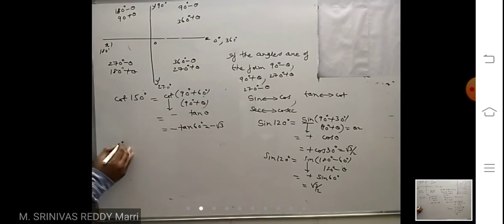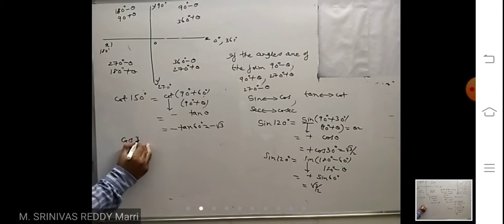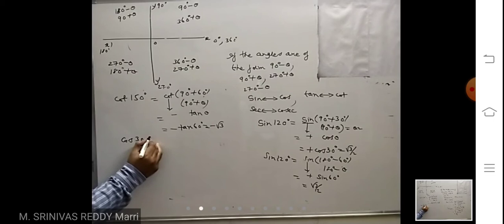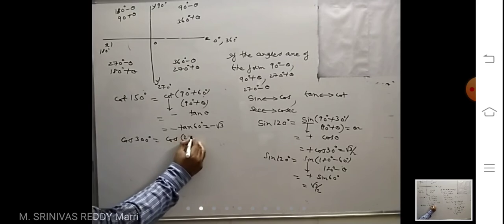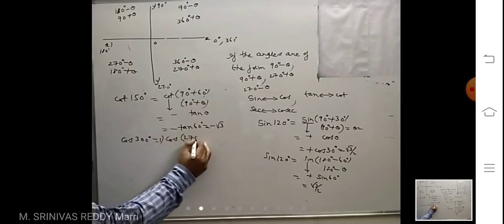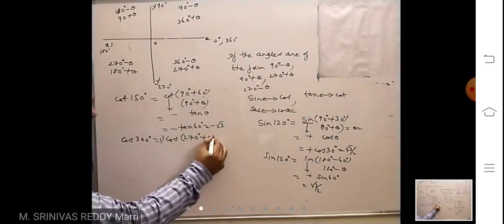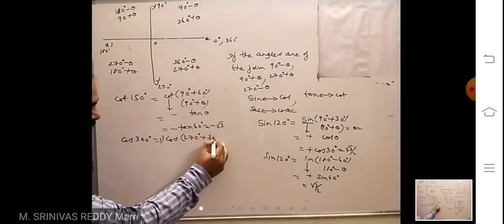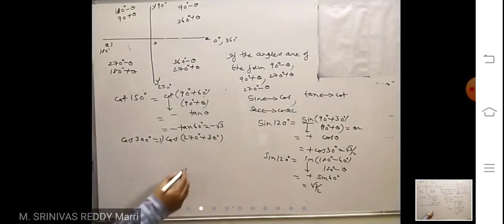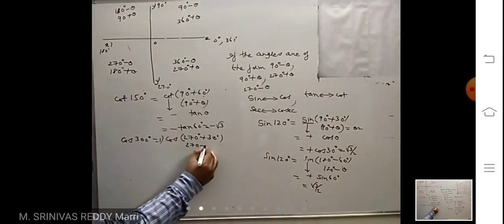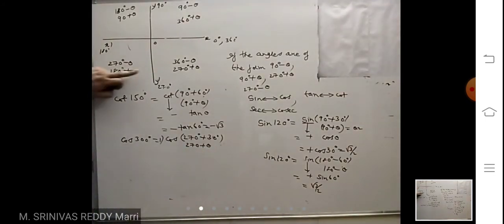Suppose let us say another example. Cos, let us say 300 degree. Cos 300 degree, 30 is the table value. That means if I write like this, first method, 270 degree plus 30 I can write. So this is of form 270 plus theta, and it is in which quadrant?